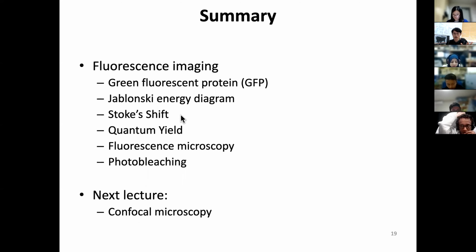That we call Stokes shift. And you've got to know about the efficiency of a fluorophore, that we call quantum yield, and how to design and build a fluorescence microscope, and what to be careful about when running your experiment with fluorescent samples. You've got to be careful of bleaching and phototoxicity. So we'll discuss confocal next time.